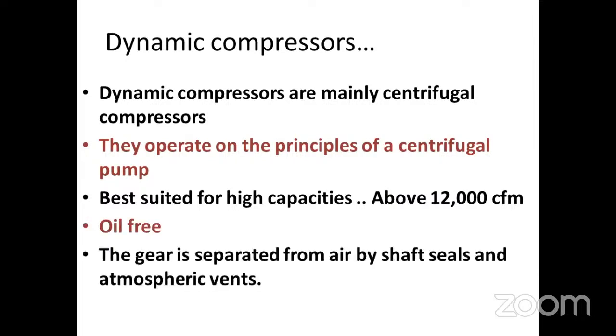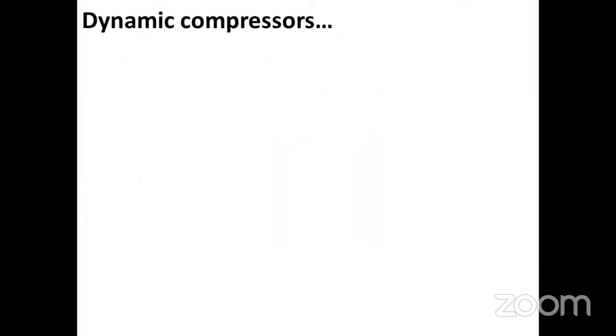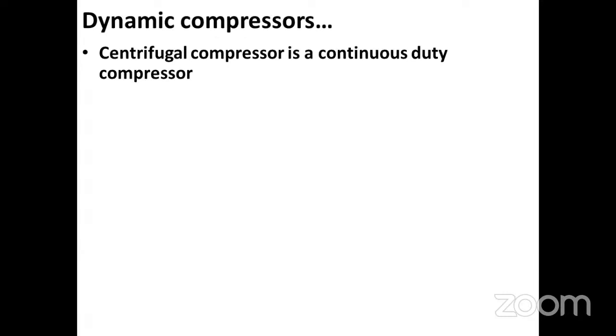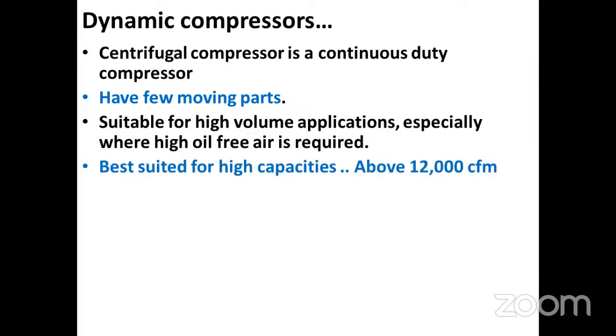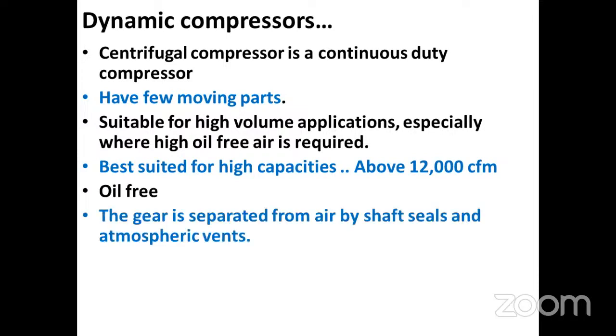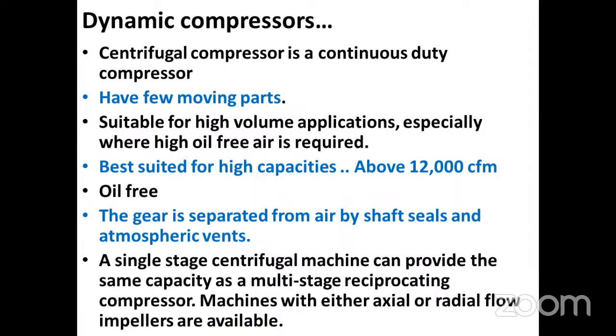Oil free: the gear is separated from the air by shaft seals and atmospheric vents. Centrifugal compressor is a continuous duty compressor with few moving parts only. Suitable for high volume applications and where oil-free air is required. Suited for high capacity, about 2000 CFM.